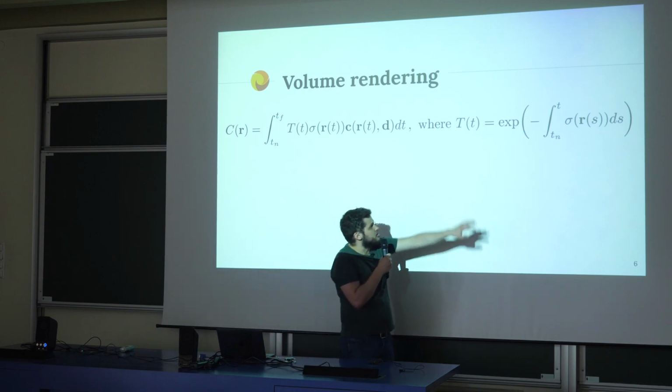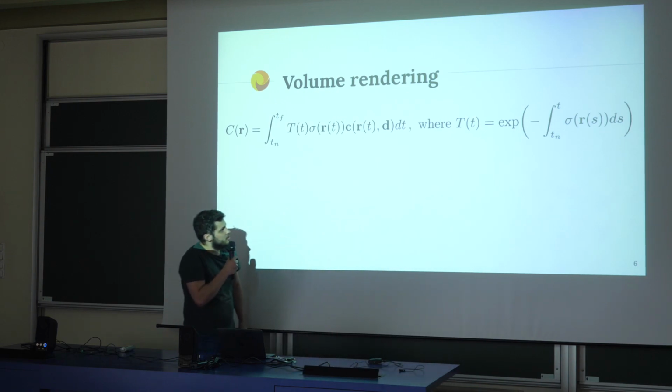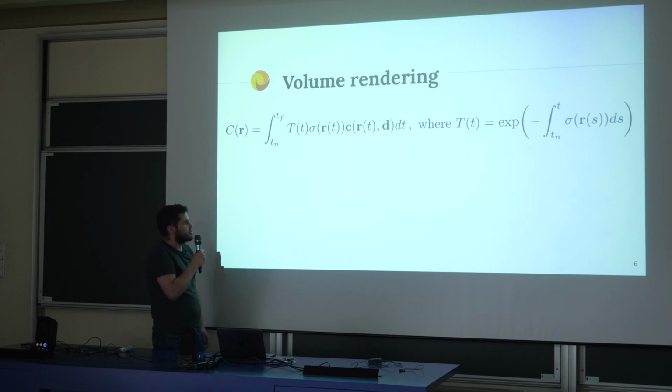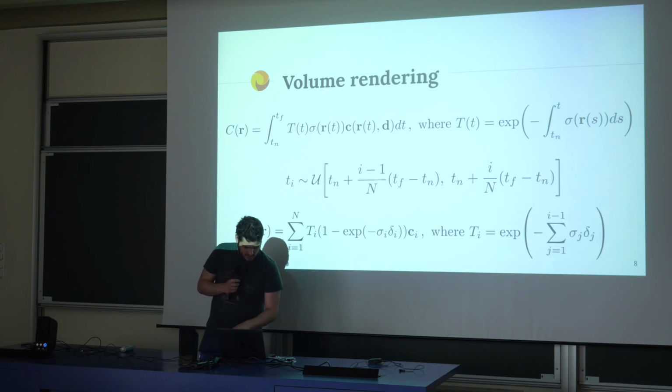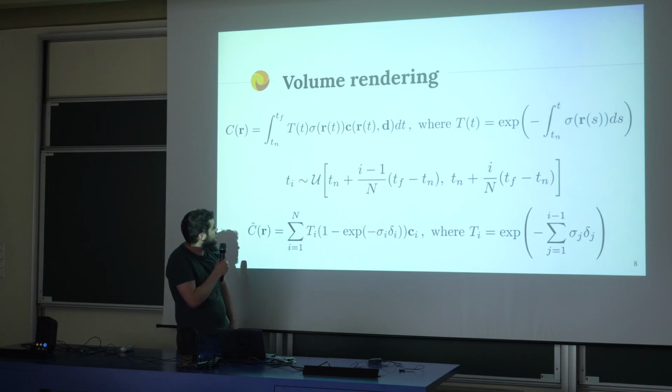So the definition is it's inversely proportional to the previous densities along that ray. And we calculate this integral by just approximating it.